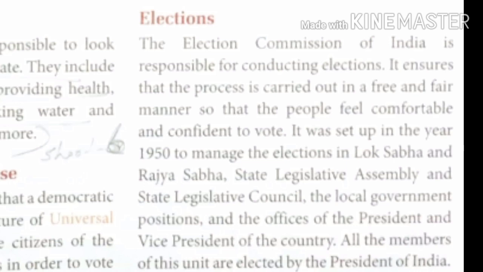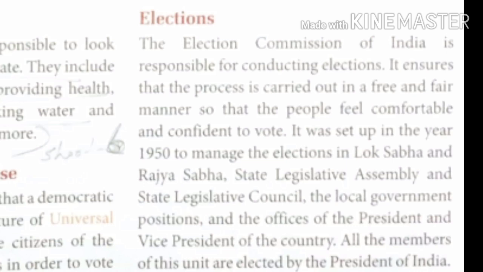There will be no force on common people to choose the representative. All members of this unit are elected by the President of India. It means who elects the members of the Election Commission? The President of India elects the members of the Election Commission.